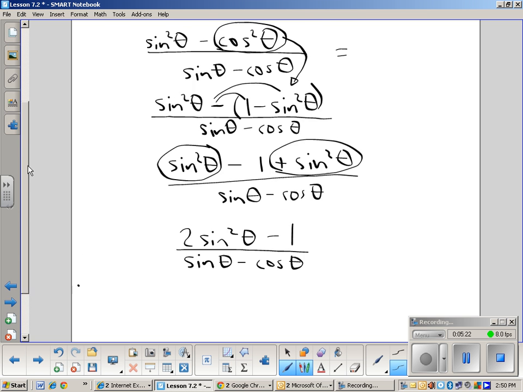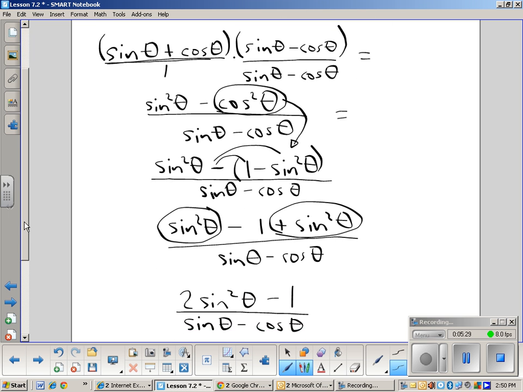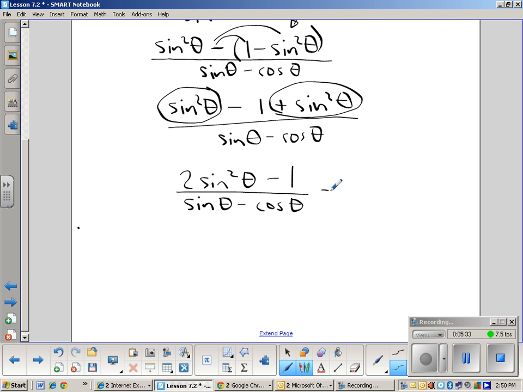And I believe that's what we started with on the other side: 2 sine squared theta minus 1 over sine theta minus cosine theta. So we have just transformed the left side into matching up with the right side, proving that this original statement was in fact an identity.